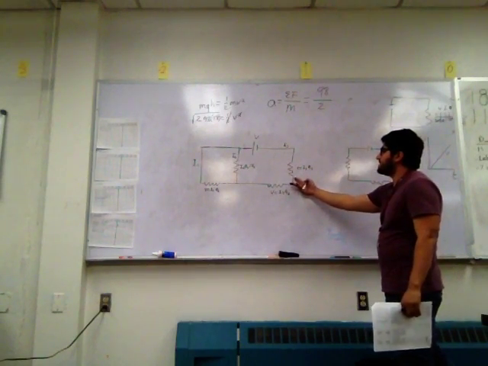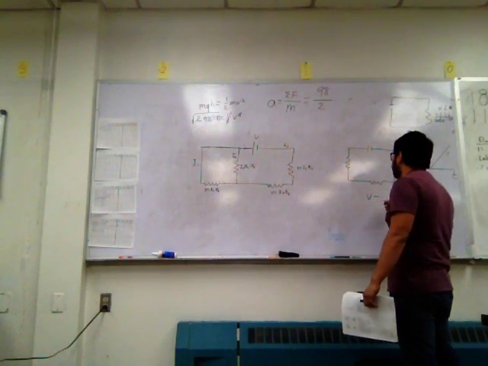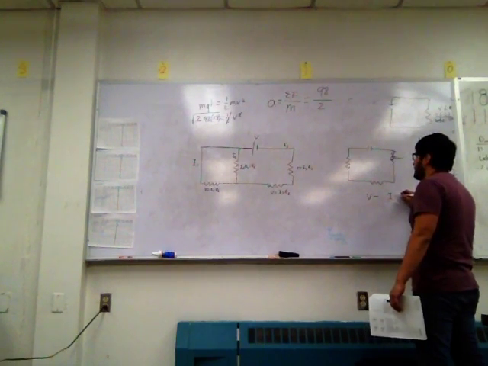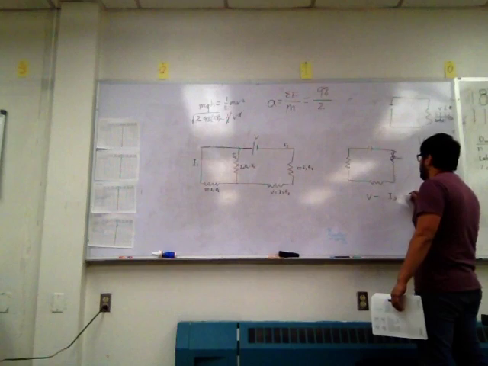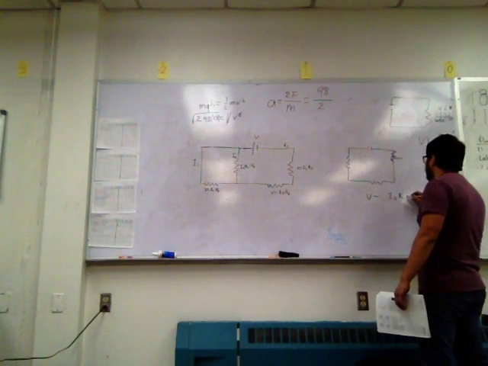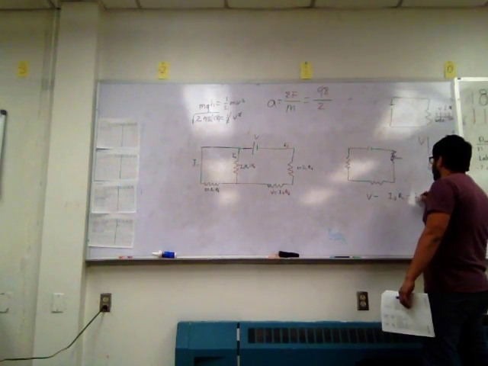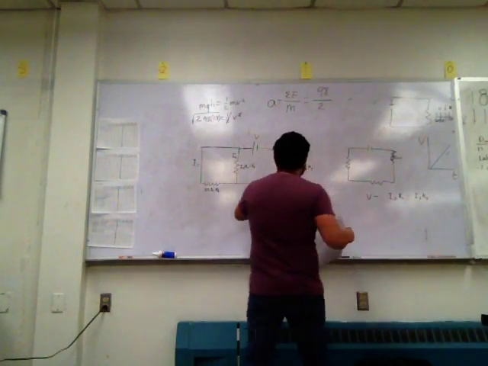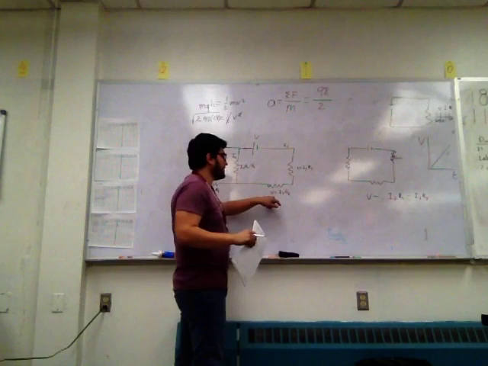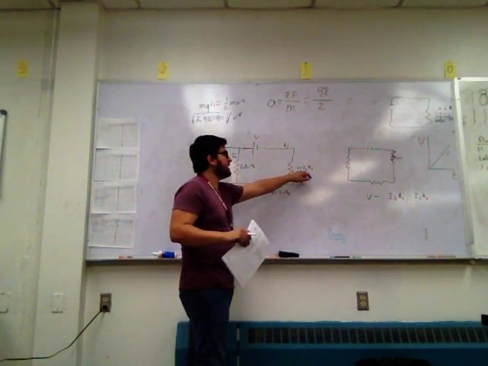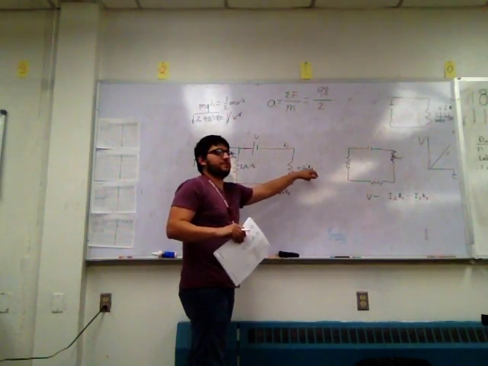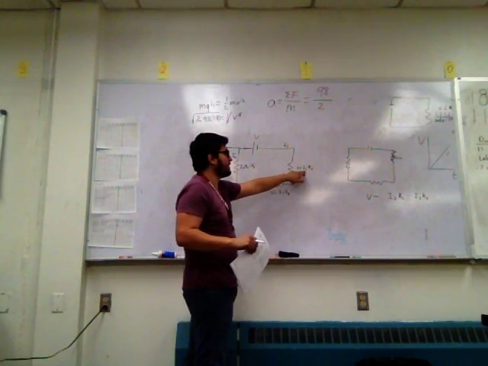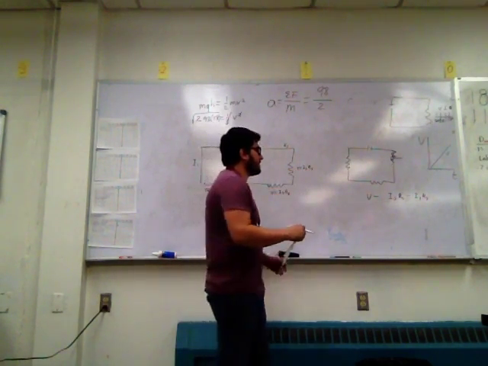These two voltages, I'll just do it like this. I3 R4 minus I3 R3. You see why I put V equals I times R for each one of these? The current times the resistance gives me the voltage drop right there.